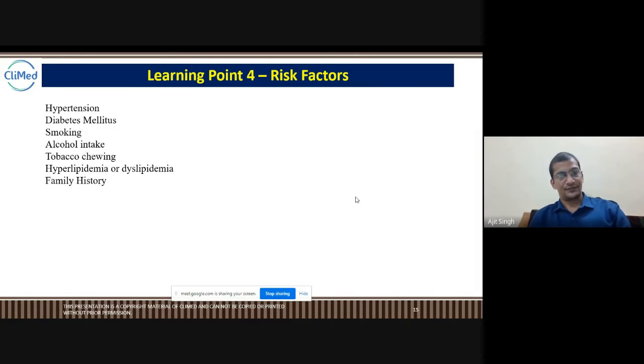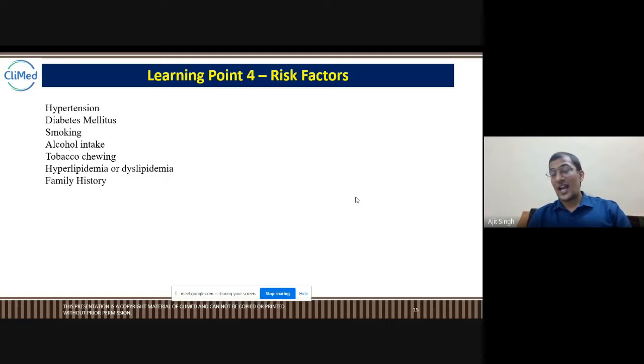Family history. So guys, there are two things. One is major risk factors, one is minor risk factors. These all are the major risk factors for ACS: hypertension, diabetes, smoking, alcohol intake, tobacco, hyperlipidemia, family history.